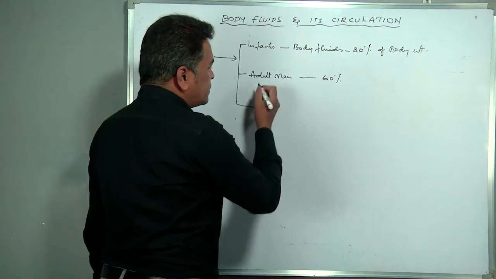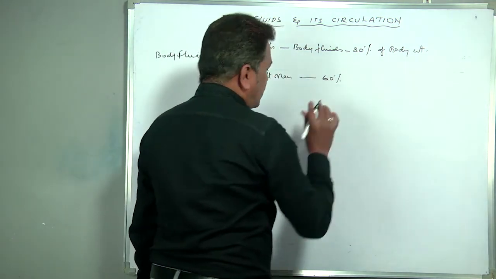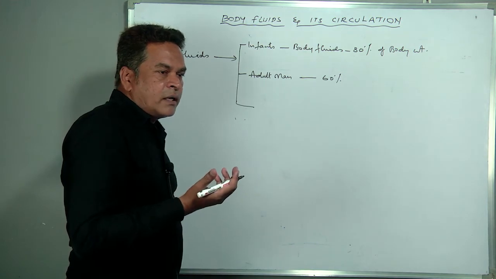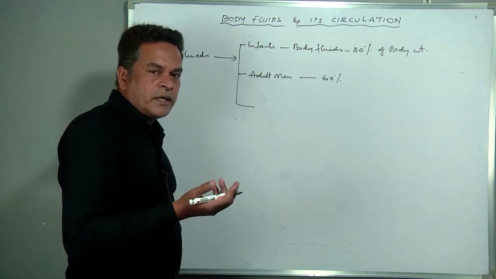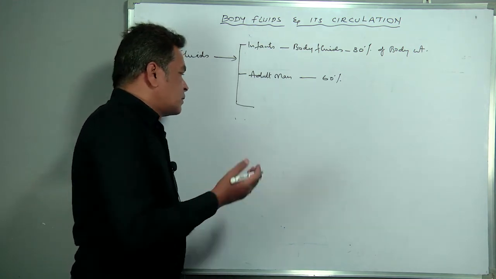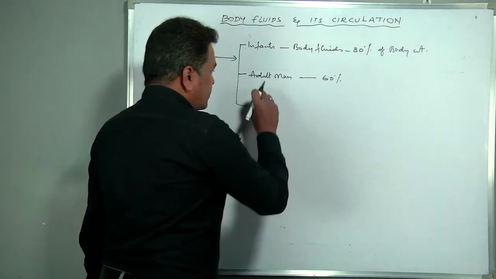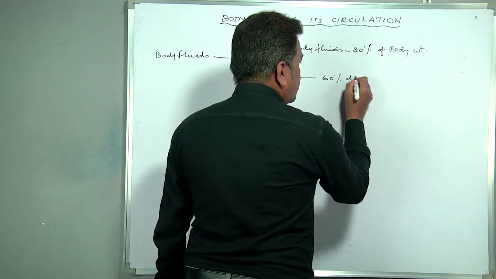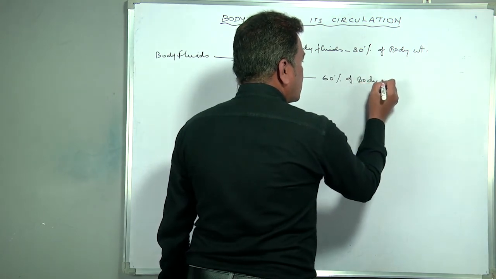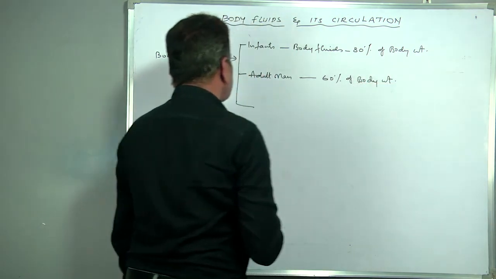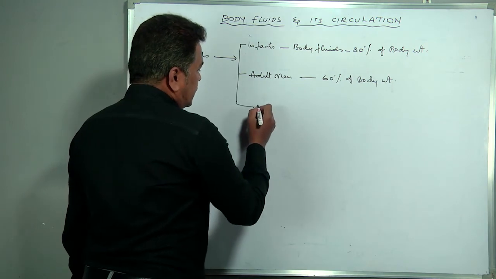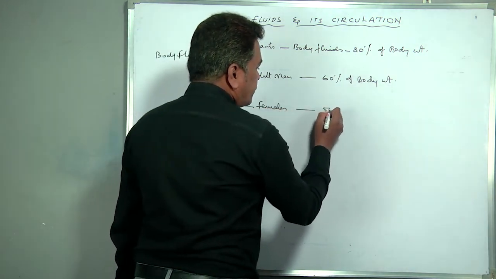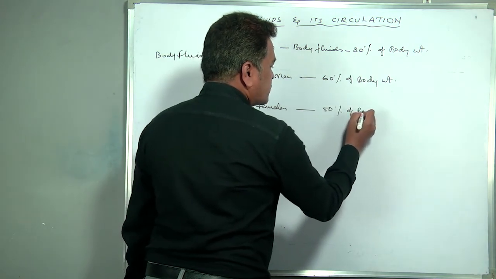In case of an adult man, it comes to 60% of body weight. For the calculation, take an average healthy man weighing 70 kg. So adult man 60% of body weight. And in case of females, it is 50% of body weight.